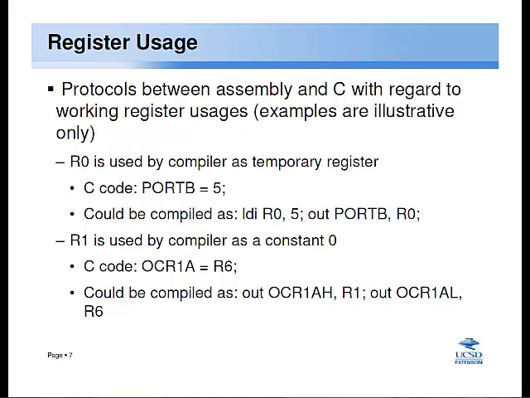That's what the compiler does, and then it uses this as a 0 value. So that is mapped to, first you move the value of R1 to OCR1A high byte, and then you move the value of R6 into the low byte. That's basically how this works.